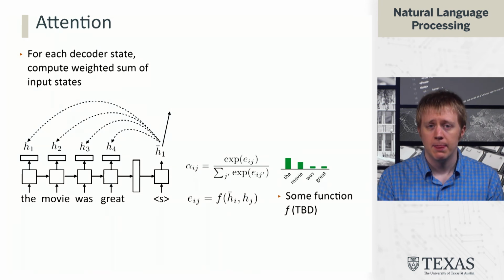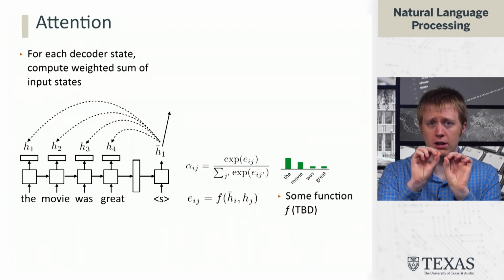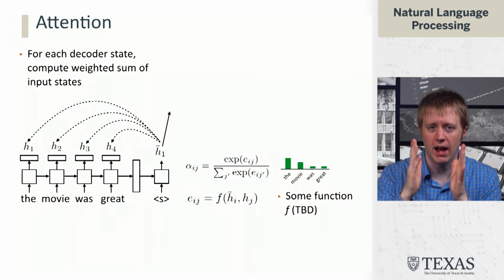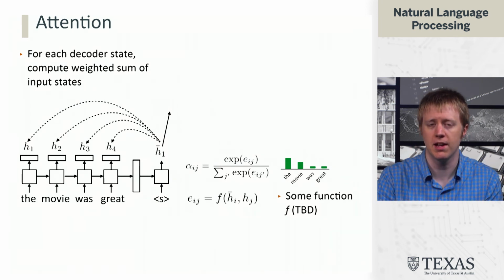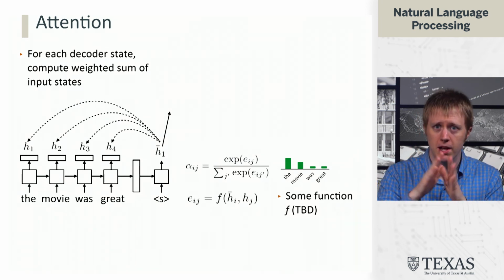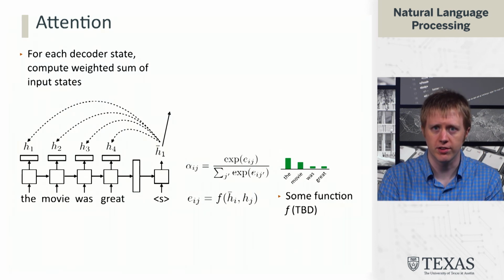All right. Then what we do is we softmax these. So we exponentiate and normalize them in order to actually turn this into a distribution. So we have one score per encoder time step for this particular decoder time step. And so when we exp-normalize, we get a distribution over the encoder states.